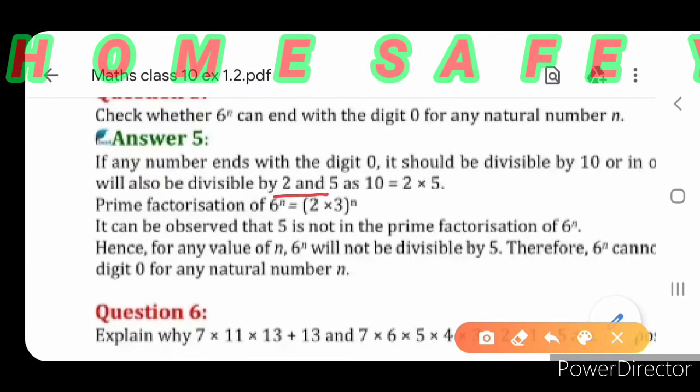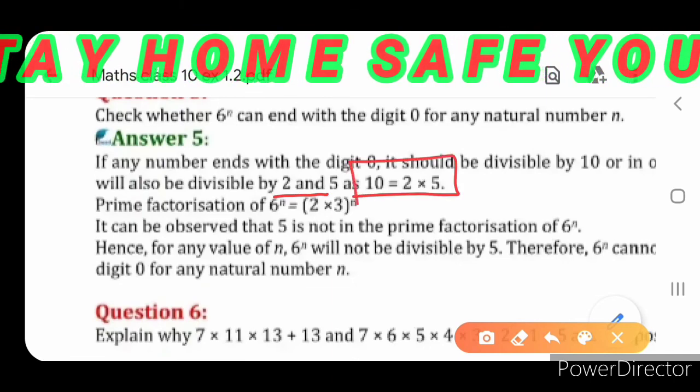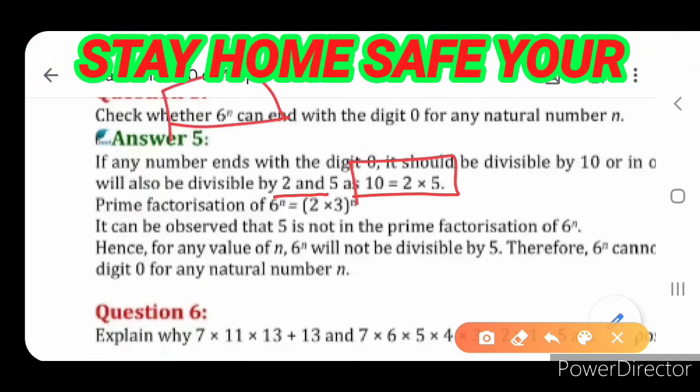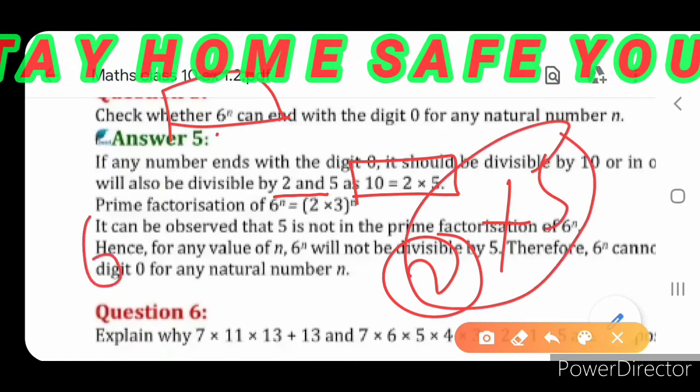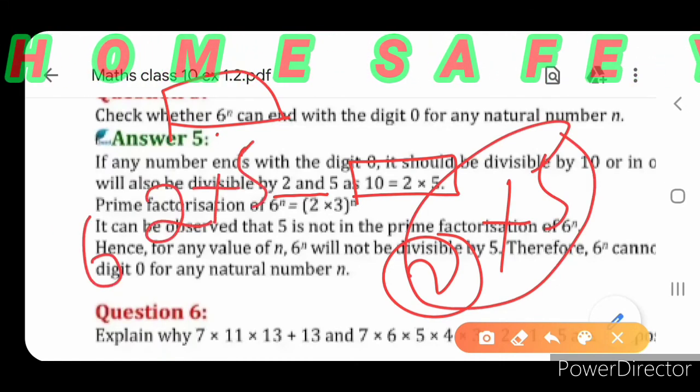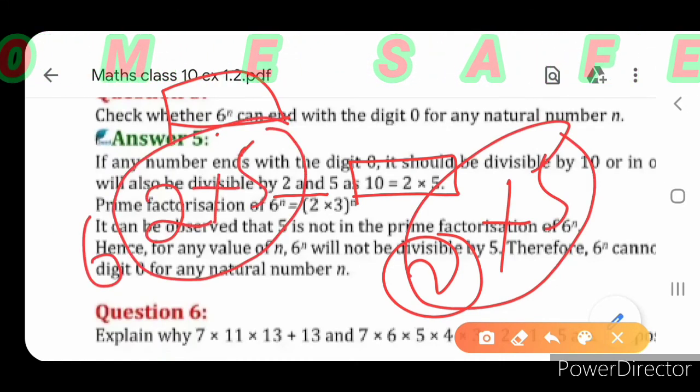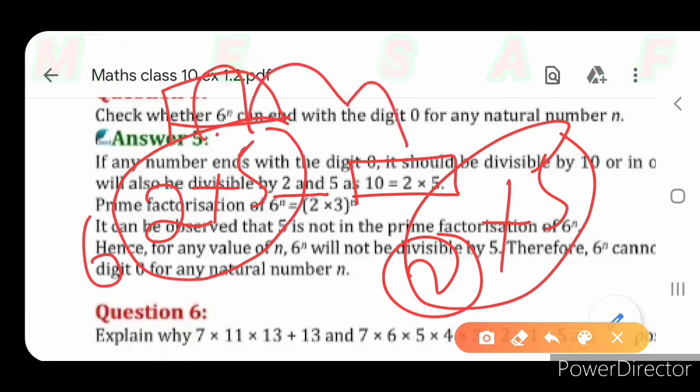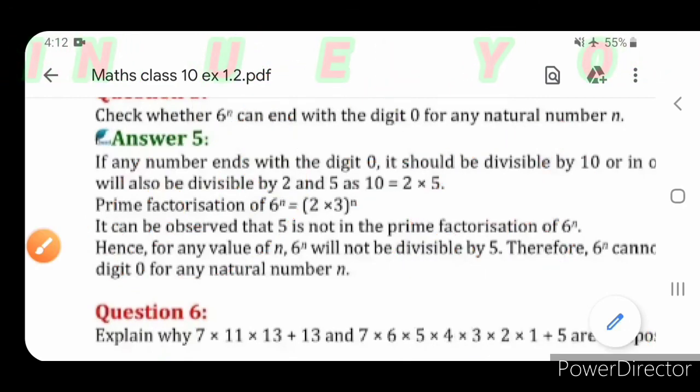I have already told you, because 10 can be written as 2 into 5. But 6 cannot be divided by 2 and 5 both. 6 can only be divided by 2, but it cannot be divided by 5. It means 6 cannot be written in the form of 2 into 5. Therefore, it is not possible that 6 raised to power n can end with 0. So, it is impossible.